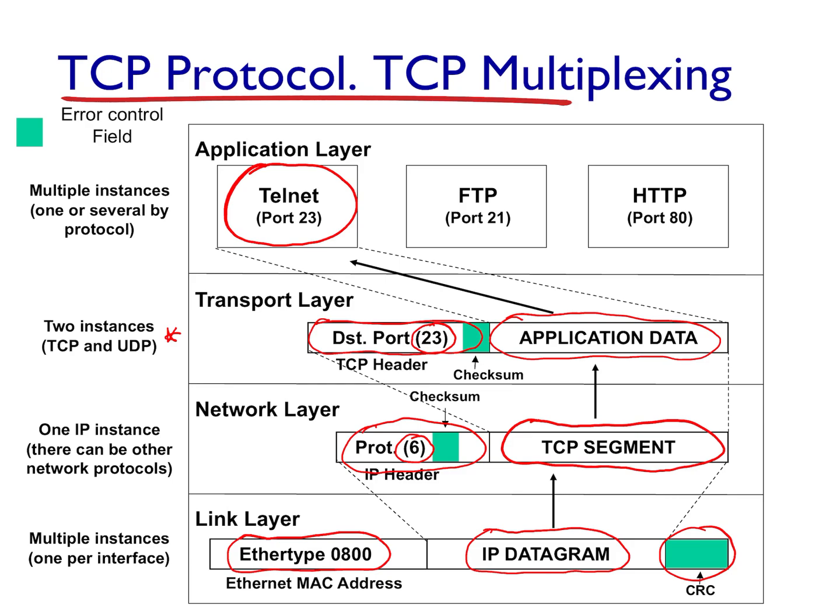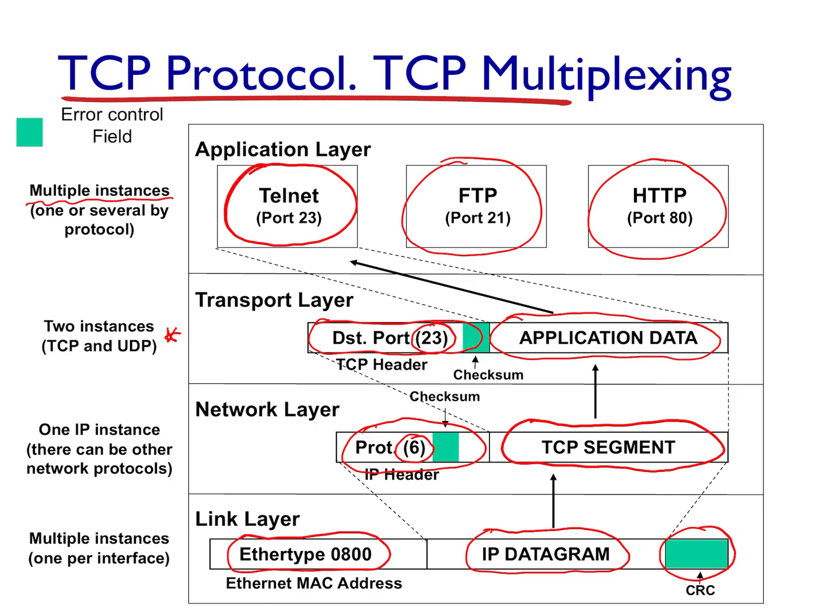If we had destination port 21, FTP, 80, HTTP, so these numbers we have been seeing in the previous slide, in the previous table. So at the application layer, we have multiple instances. We have many protocols at the application layer that must be multiplexed by means of the destination port at transport layer.